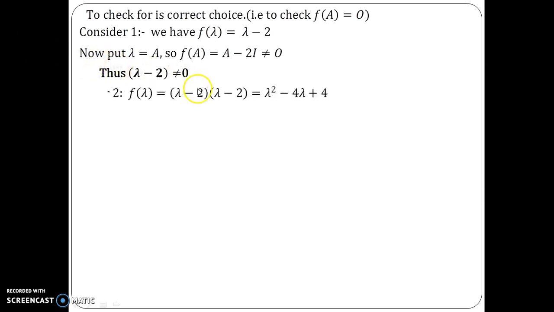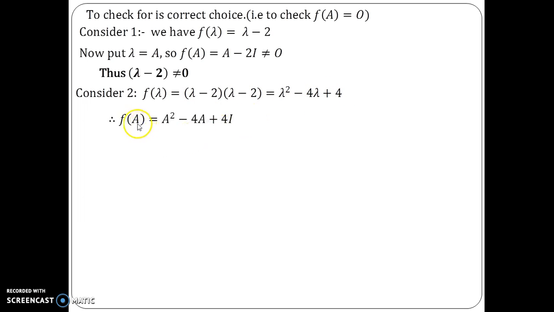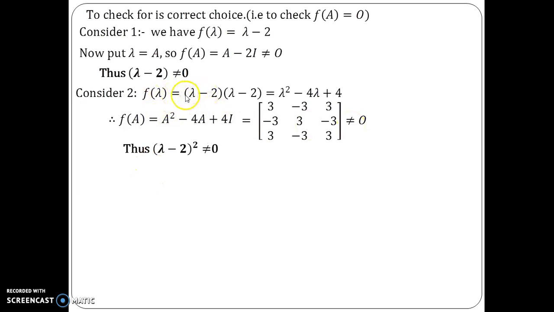The next one, go for choice number 2, f of lambda. When you simplify it, you get lambda square minus 4 lambda plus 4, and then further when you substitute lambda equal to A, you solve this matrix and you obtain your answer as this, which is again not a 0 matrix. So f of lambda equal to lambda minus 2 the whole square is again not equal to 0.